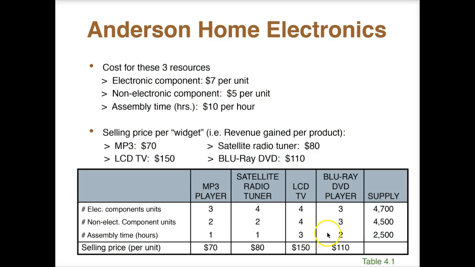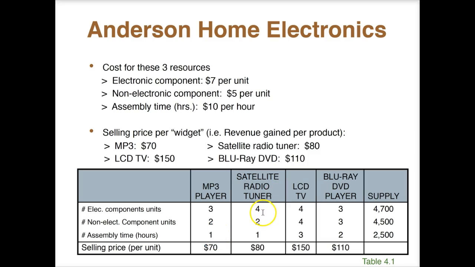But what we see below this table really gives us a good idea of what we actually have available to us. For the MP3 player, we need 3 electronic component units, 2 non-electronic component bundle units, and 1 hour of assembly.